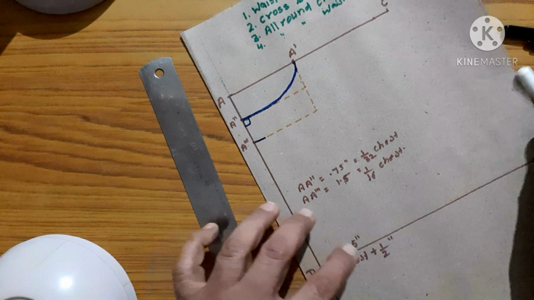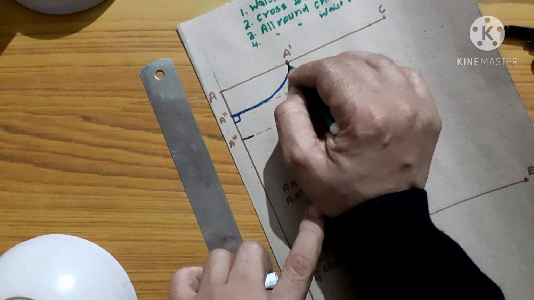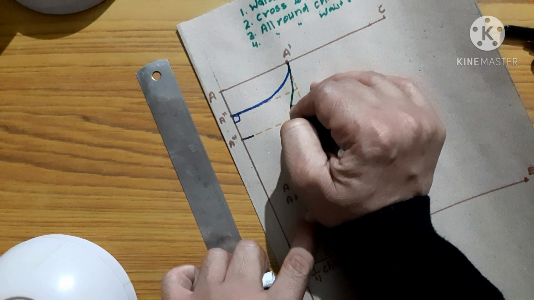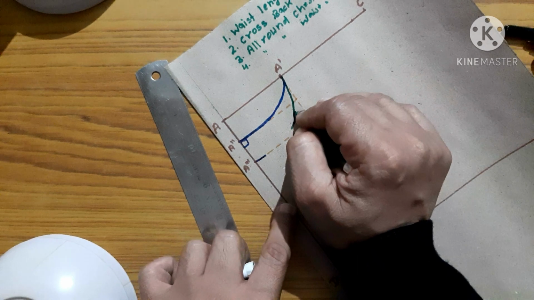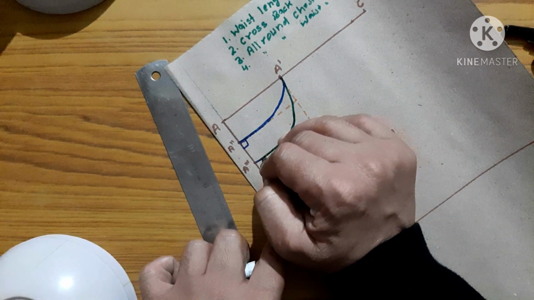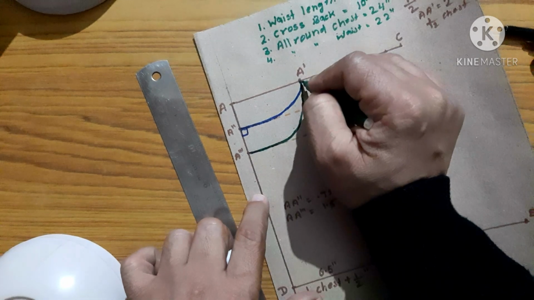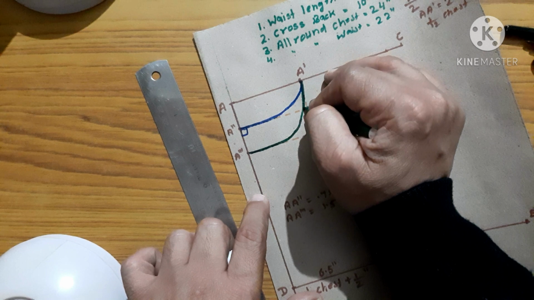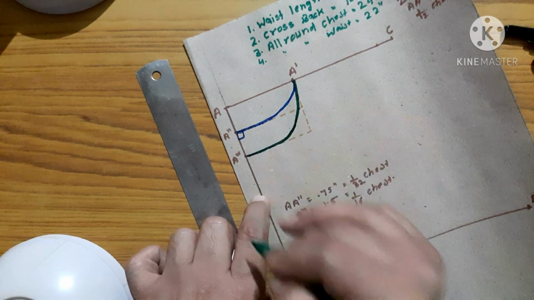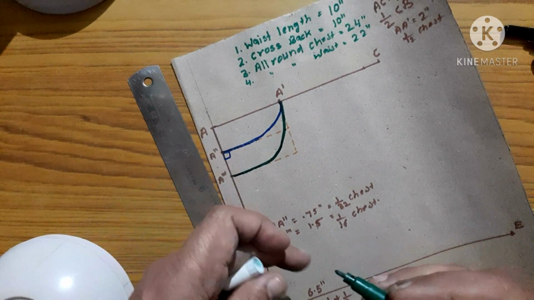Now the front neck we will do with the green. Like this. So this is back and this is front.